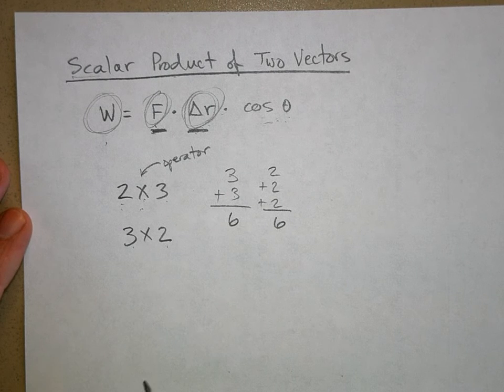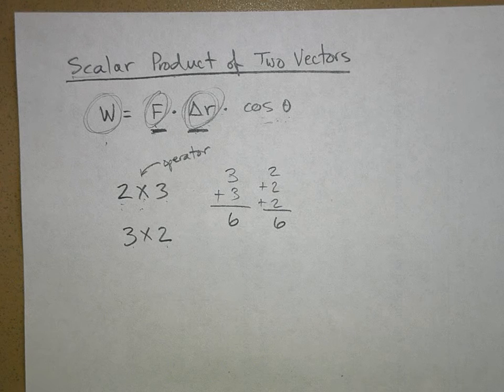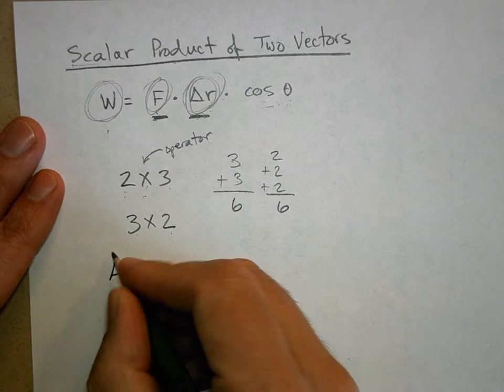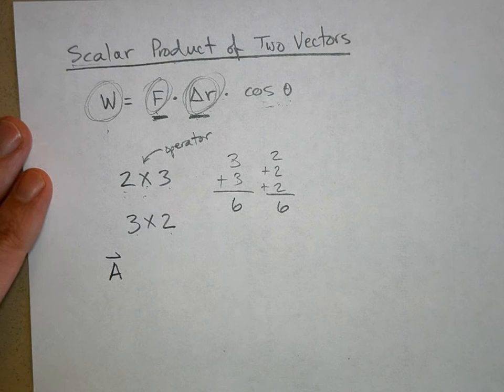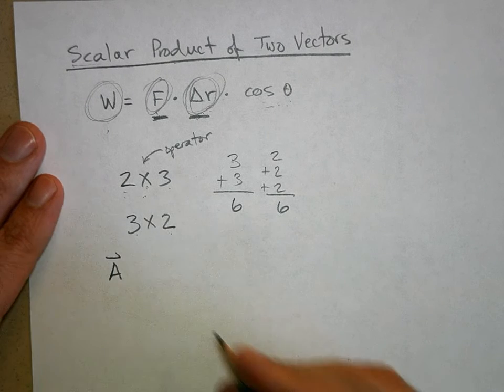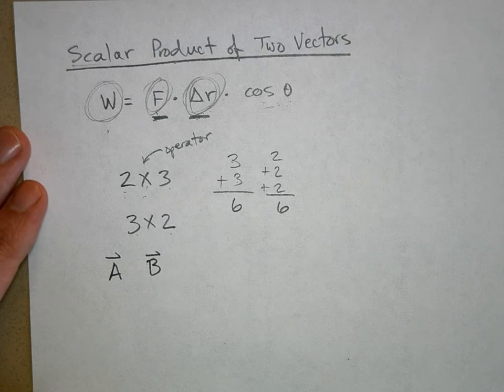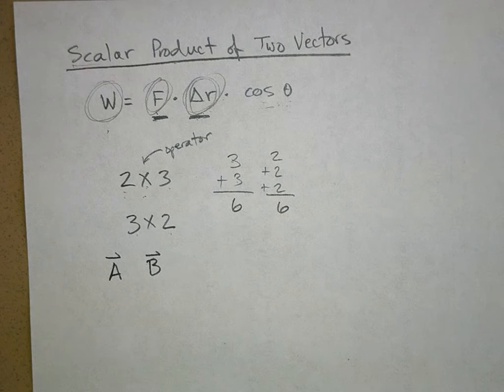So, all these years you've been doing this, but really we've got an operator here that tells you what to do with these numbers. Well, now we're going to have a new operator that's going to deal with multiplying vectors together. And remember, vectors are different things than scalars. So if you're going to multiply them together, you need a different set of instructions on what to do. So here is, let's say, vector A, and we're going to multiply it by vector B. And now we need a symbol for multiplication.